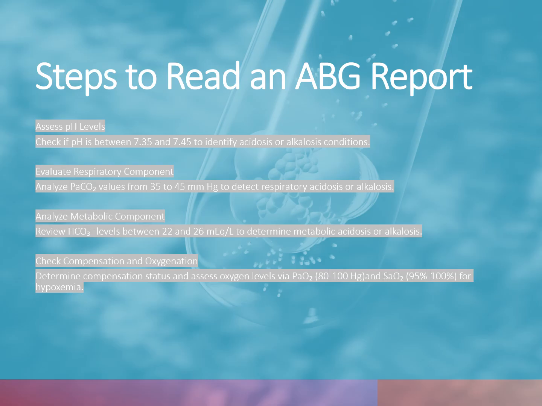A value below 35 indicates respiratory alkalosis due to hyperventilation. Whereas if it's above 45 millimeters of mercury, it suggests respiratory acidosis, typically from hypoventilation.